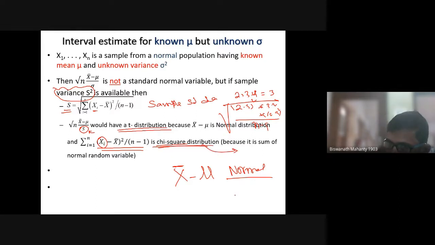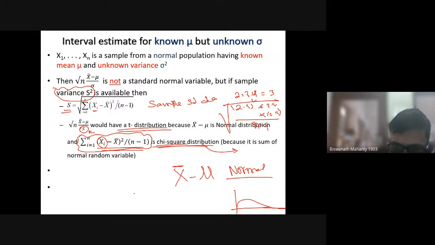Chi-square distribution is also one kind of distribution, but it is different. It goes like this way. It is not a symmetric one. It looks similar to variance values or standard deviation values. So this becomes a chi-square because it is a sum of squared normal random variables.